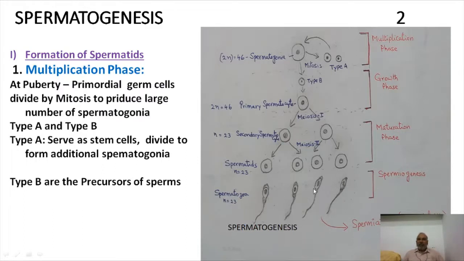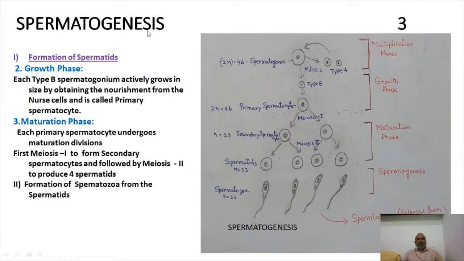After the spermatozoa are formed, they are released into the tubules, and from the tubules they go to the epididymis by a process called spermiation. Let us see spermiogenesis. This is the growth phase, and this is the maturation phase.